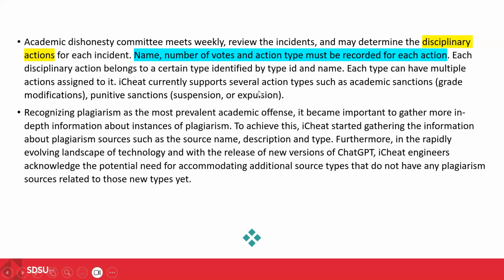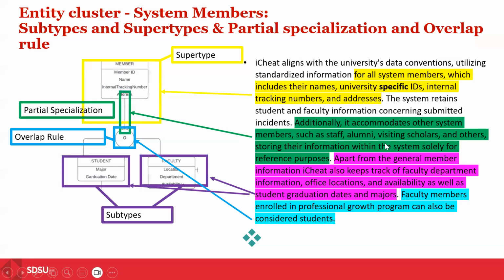So we're going to continue with the presentation, and here I just explain what those parts of this extended entity relationship diagram are. We're going to look at different entity clusters. In this case, we're going to look at system members. At the end of the last lecture, I showed you entity clusters.